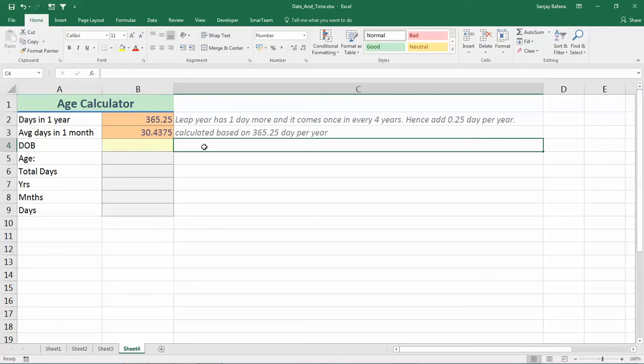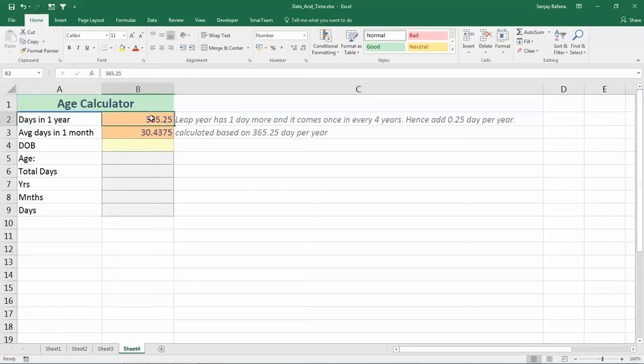Hence, to round it off and have your answer as accurate as possible, we can always consider a year of 365.25. So add a quarter day in every year, so that over the span of 4 years, the number of days you would consider would be as close to the reality as possible.